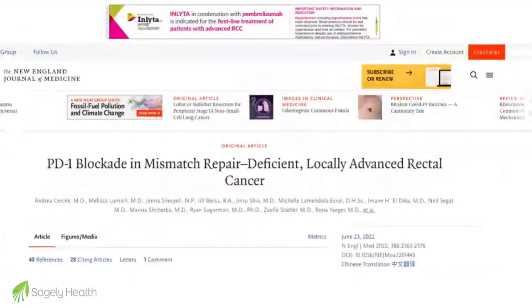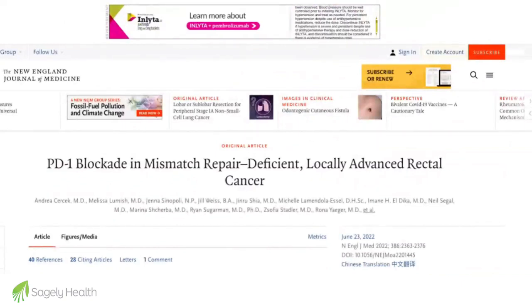What they found in this paper, which we've reviewed in previous times, is that patients with rectal cancer who were MSI high and got treated had 16 out of 16 complete responses, meaning the tumor completely disappeared. From my perspective, that's really fantastic.